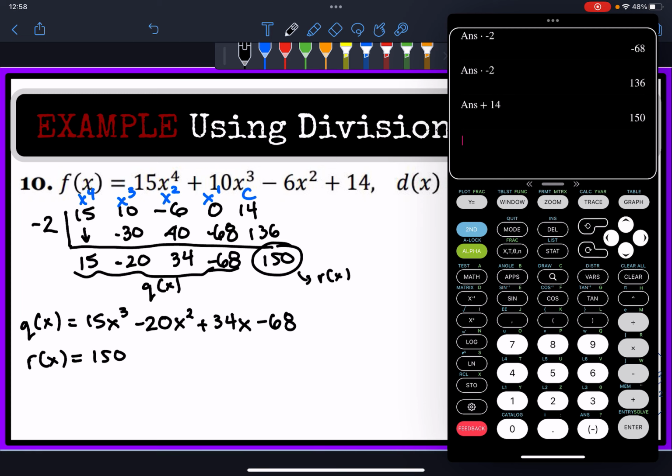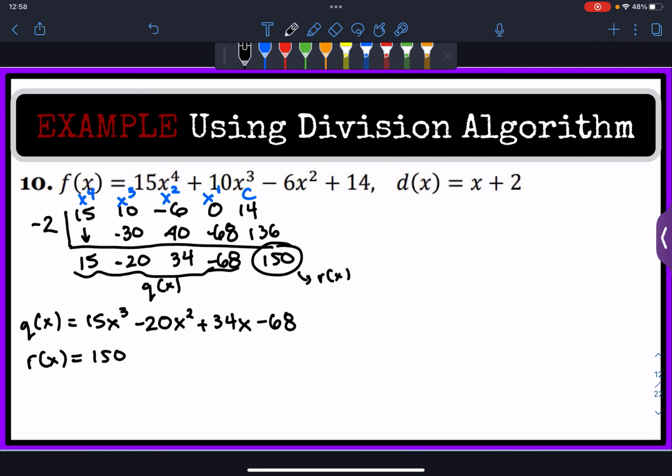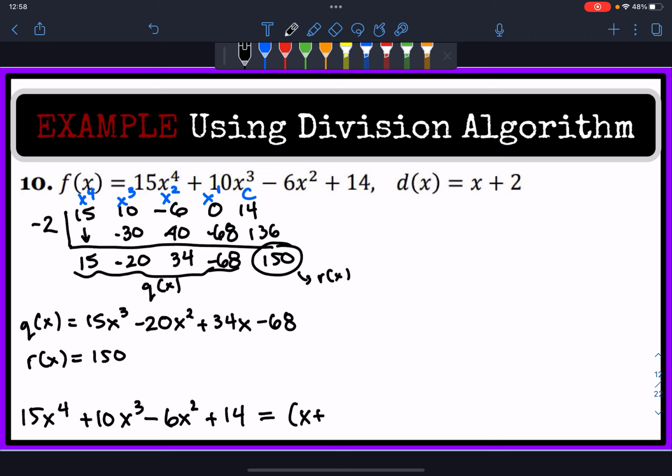So what that means, according to the division algorithm, is that I can write f of x as x plus 2 times 15x to the third minus 20x to the second plus 34x minus 68.